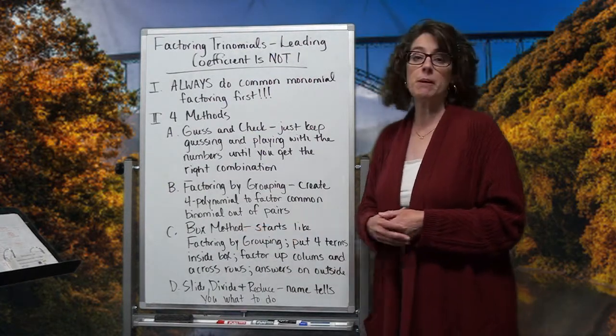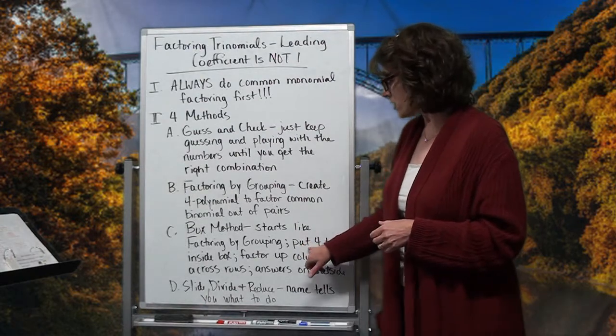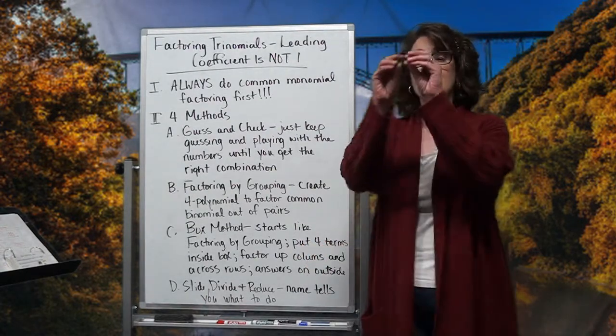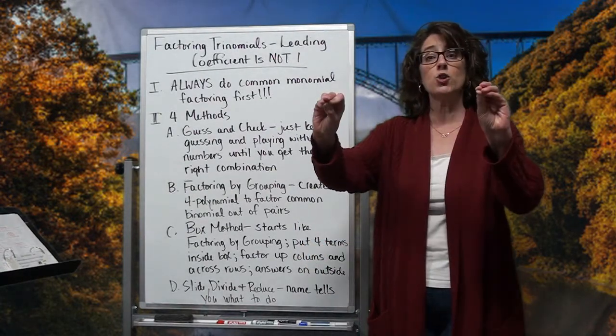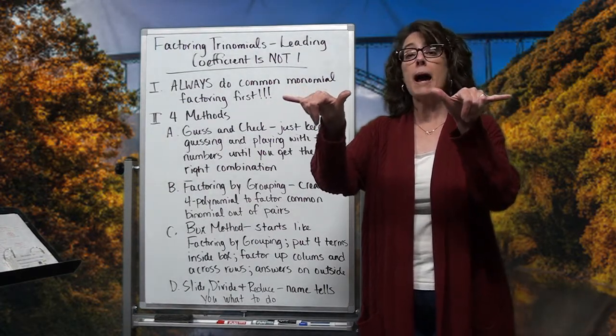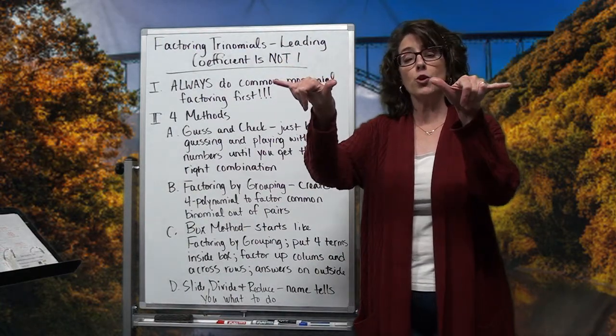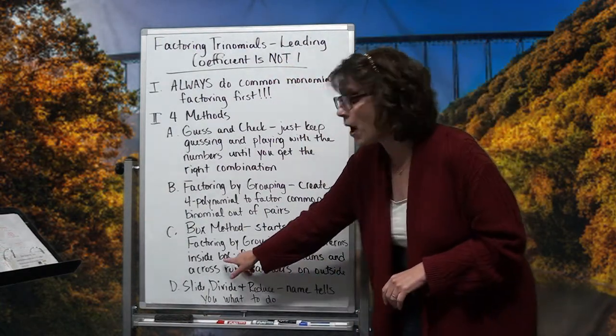Now, another method that people really love is what's called the box method. Box method starts like factoring by grouping because it takes that middle term and turns it into 2 terms, creating that 4 polynomial. But what happens here is you do not pair these up. You take the 4 terms and you put them inside of a box.